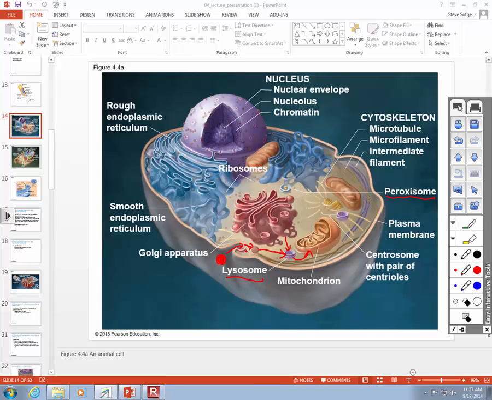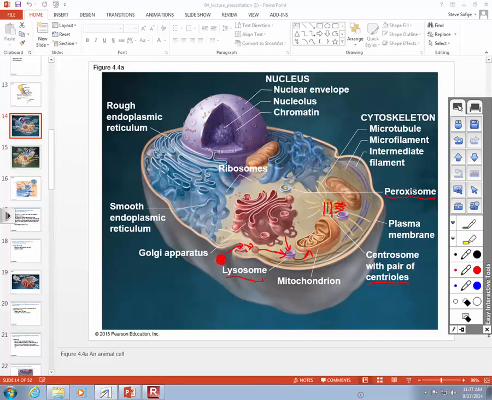Okay, other than that, we do have the centrosome, which really is the entire area where the centrioles are. The centrioles, you'll notice, are kind of barrel-shaped. These are really long tubes, and they're at right angles. So you have tubes that run this way and then tubes that run that direction, basically trying to make right angles of tubes.